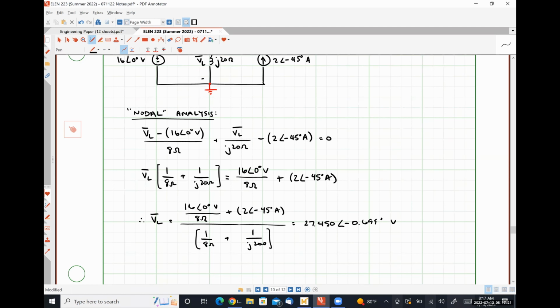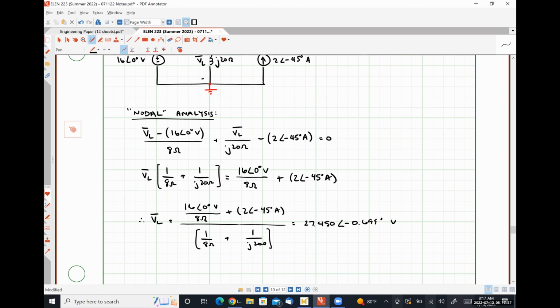Okay. So we have employed 5 different methods to solve this circuit, all of them yielding the exact same result.